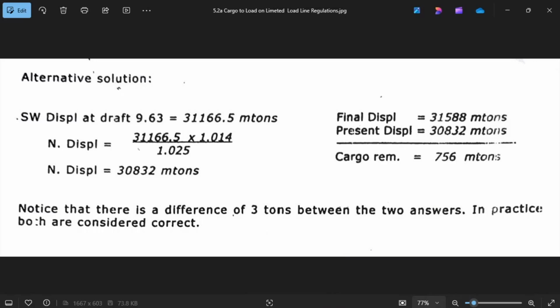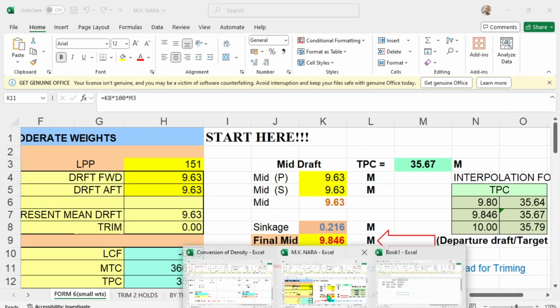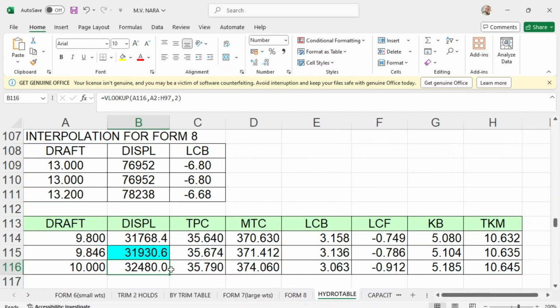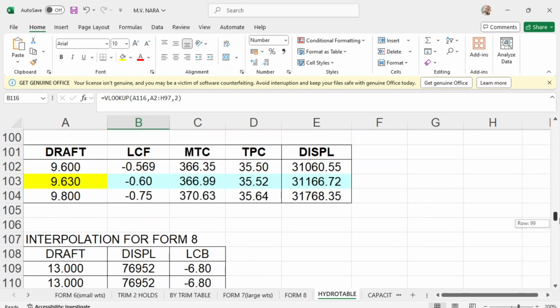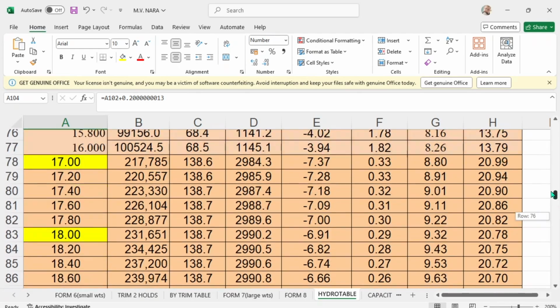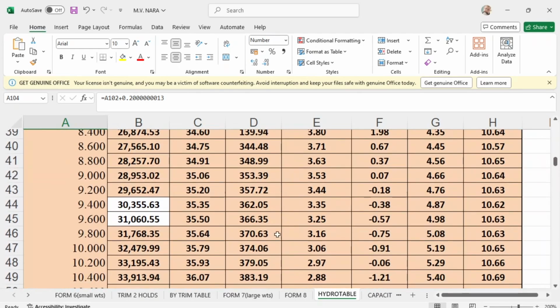Okay, we'll check. We go to the IC table, and 9.63, we go to the draft. Remember, guys, when you go to the IC table and check for 9.63, this is around here, in between here.